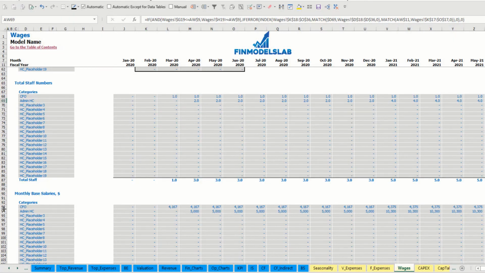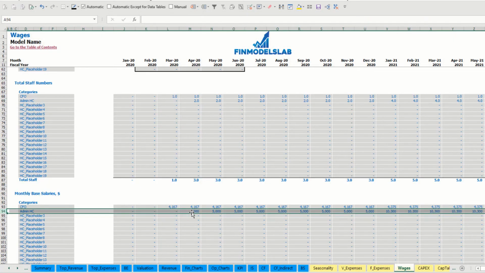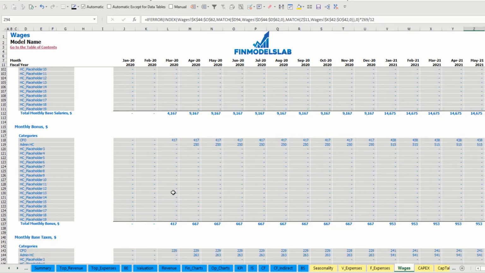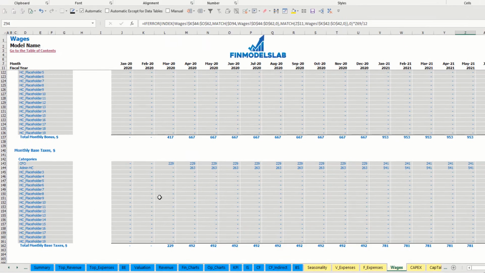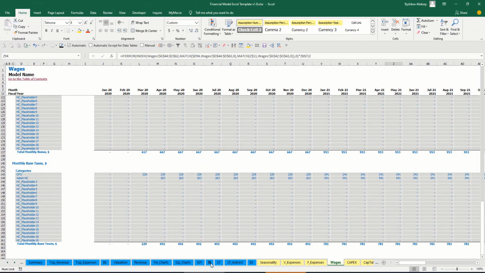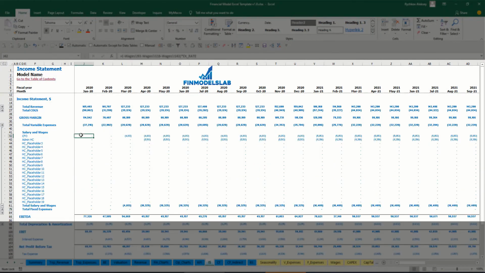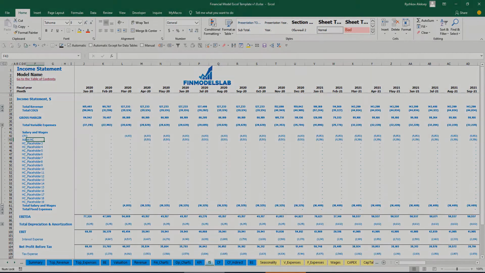Again, you see the calculation of salaries, the calculation of bonuses, and the calculation of monthly payroll taxes. In the income statement, under total salaries and wages, you may see the total amount of bonuses, payroll taxes, and wages for these headcounts.